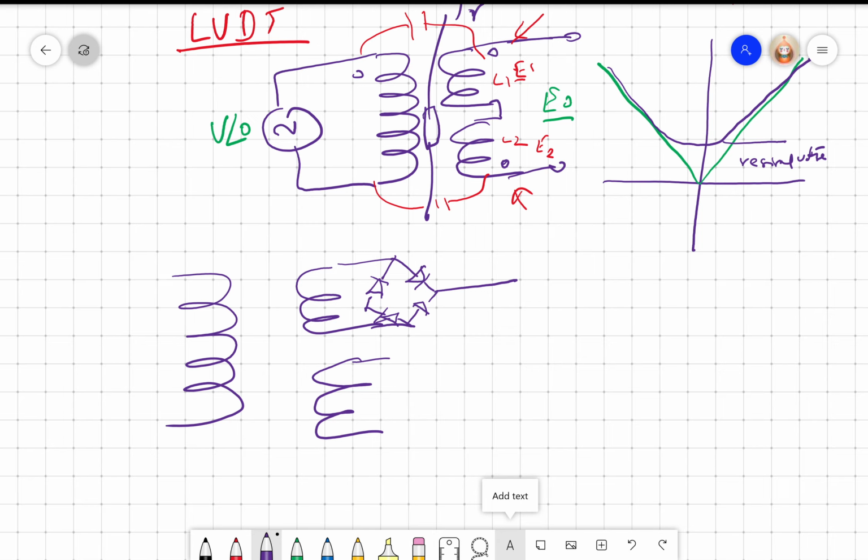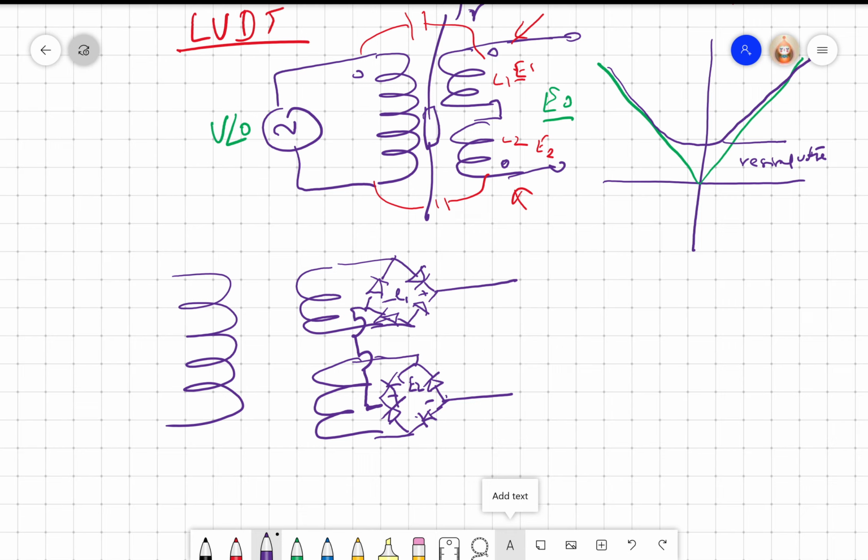I take this output, again I put a bridge rectifier, and if you look at this, you will see that I have reversed it here. And we connect these two points. So this would be plus minus here, this would be plus minus here. So this is E2, this is E1.